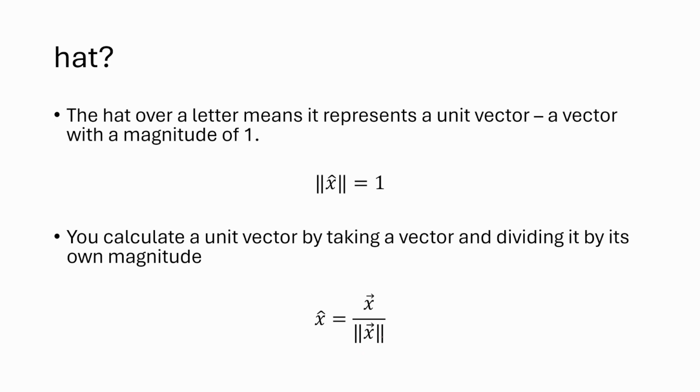Now I get something that has the same direction as x, but it is 3 times shorter. It only has a length of 1 now instead of a length of 3. All right, so that's unit vectors. And we label them with hats because knowing that something is a unit vector lets you do easier math, because when things are ones and you're multiplying by ones, then it saves you trouble.